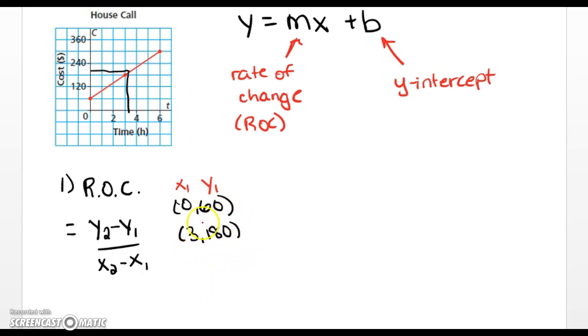Then this is my second coordinate, my second x coordinate and my second y coordinate. So y2 is going to be 180 in your formula, y1 is going to be 60, x2 will be 3, and x1 is 0. That way I know exactly where I'm putting my values in.